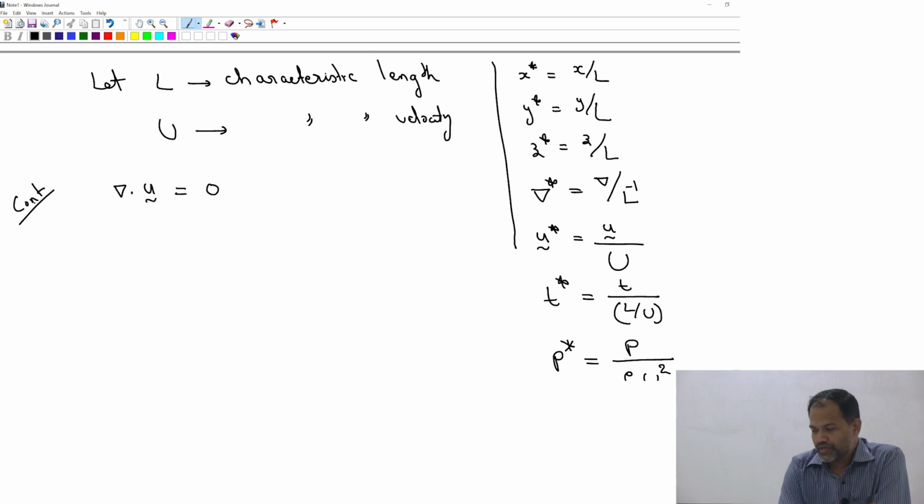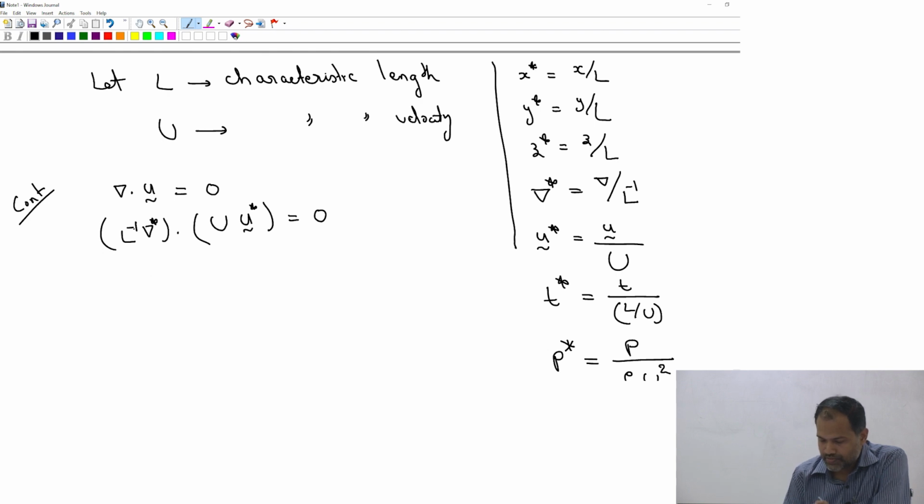So if I use my non-dimensionalization, that tells me that L inverse grad star dotted with my velocity U times u star is equal to 0.